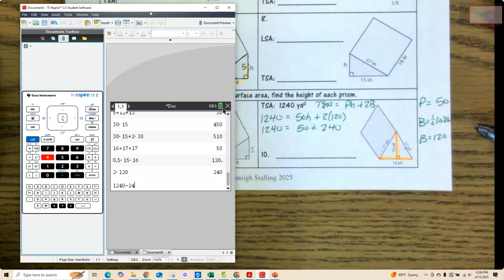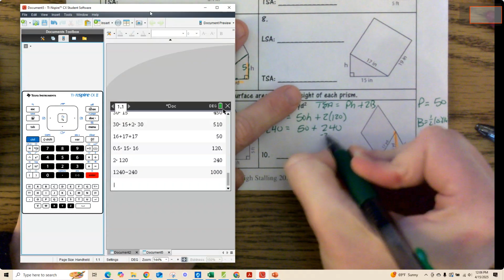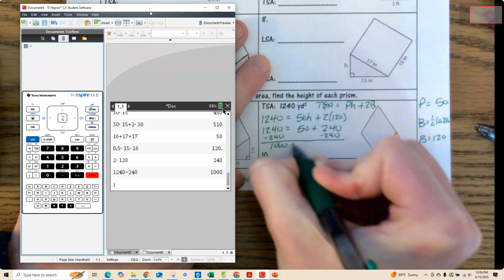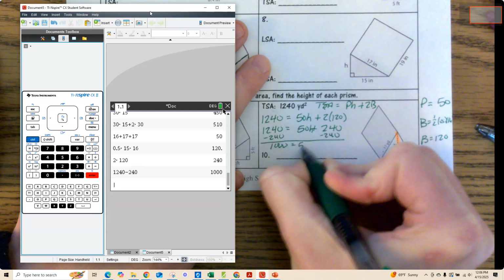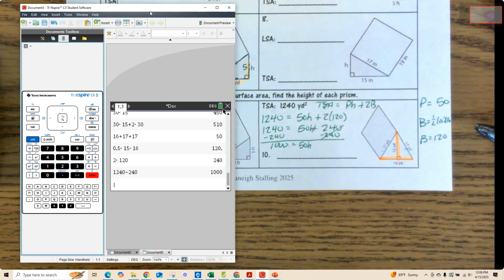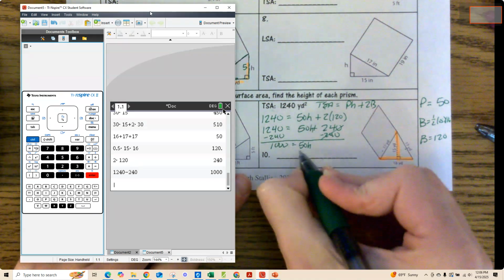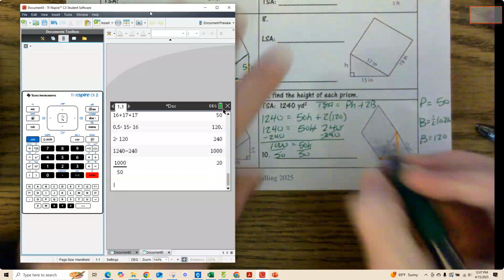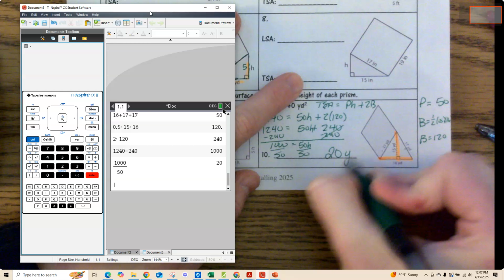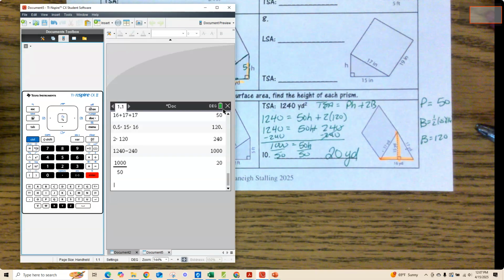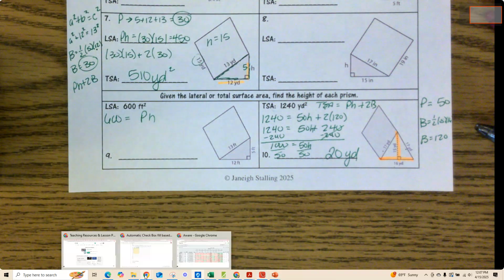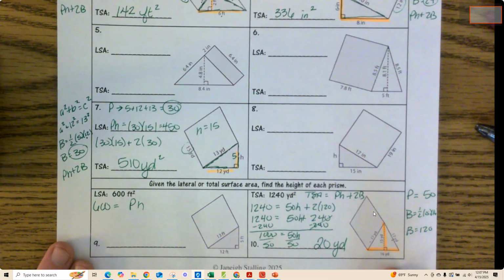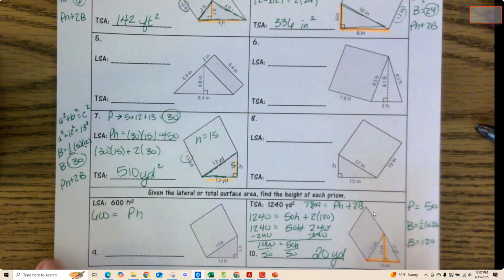Yep, subtract 240 from both sides. And we get 1,000 equals, ooh, there should be an H there. 50H. What's the last step? Divide both sides by 50. H equals 20. All right, so I left you 4. Kind of move this where I'll zoom out a little bit where you can see the rest of it.